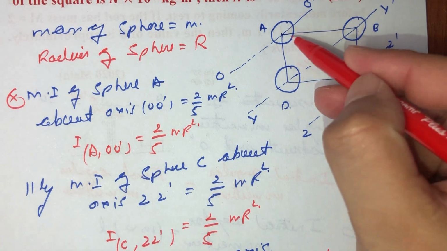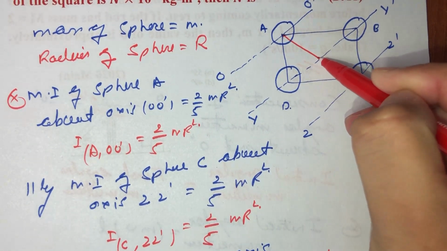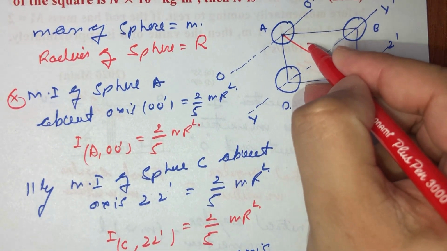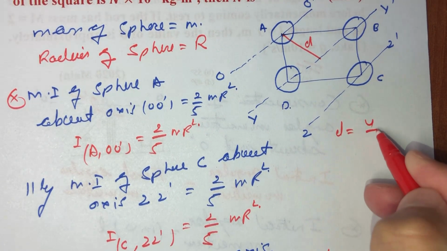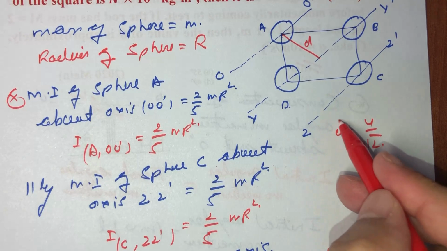So this will be the perpendicular distance between the two axes, which will be D, and D will be equal to 4 divided by square root of 2.